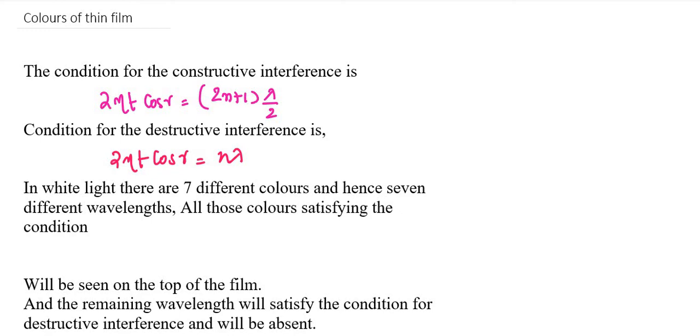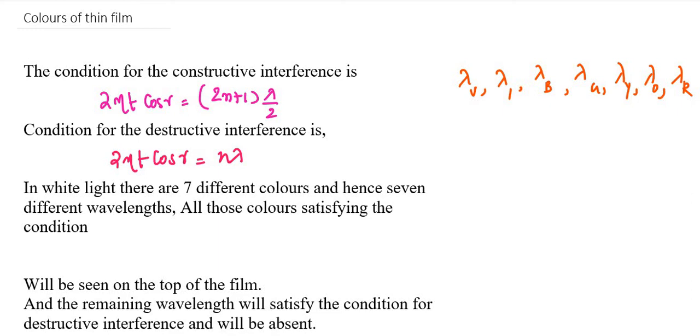White light consists of 7 different colors, right? Lambda violet, lambda indigo, lambda blue, lambda green, lambda yellow, lambda orange, and lambda red. That means 7 different wavelengths.